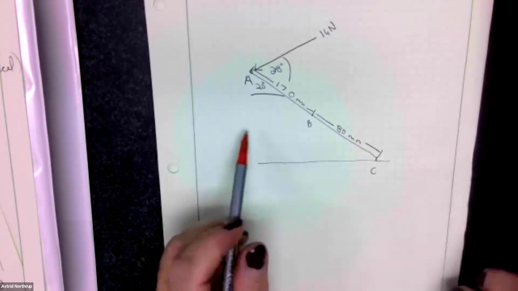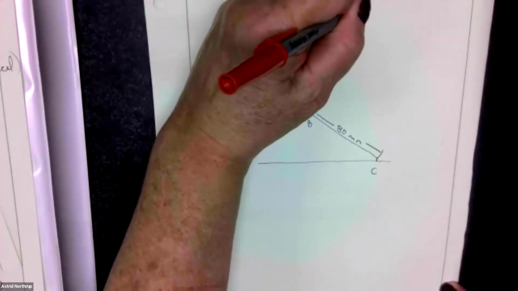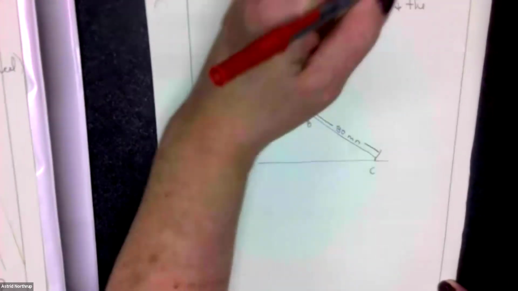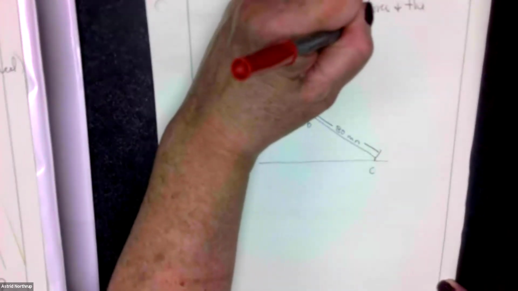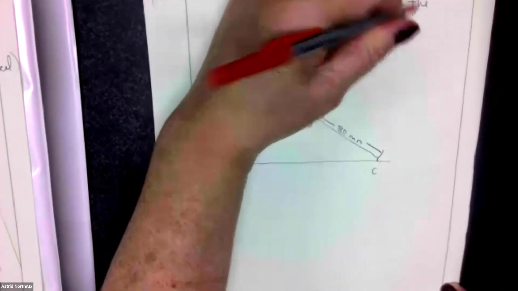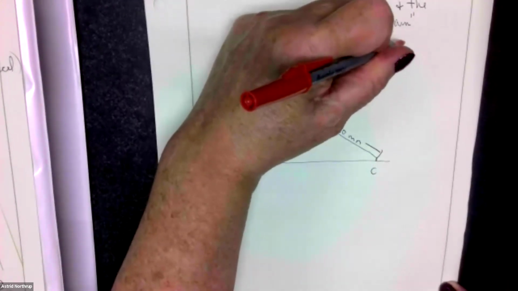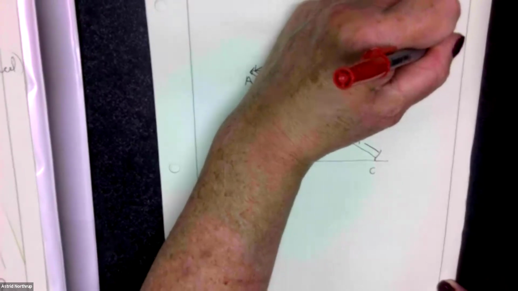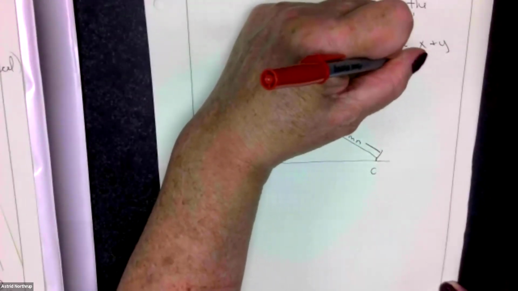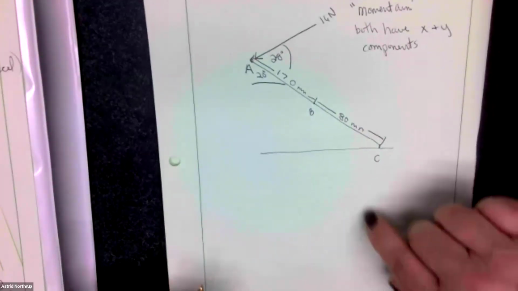We have to use a little bit of trig here, but basically the force and the distance, which is called the moment arm, both have X and Y components. So we're going to write both of them as vectors using the X and Y direction.